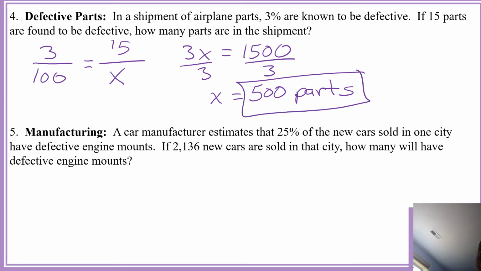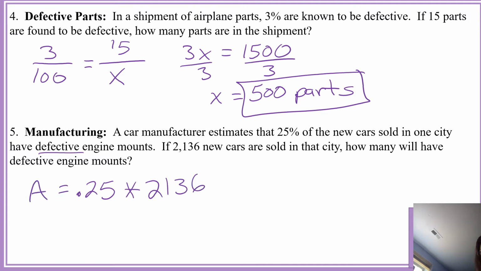All right. A car manufacturer estimates that 25% of new cars sold in one city have defective engine mounts. If 2,136 new cars are sold, how many will have defective engine mounts? 25% of 2,136.